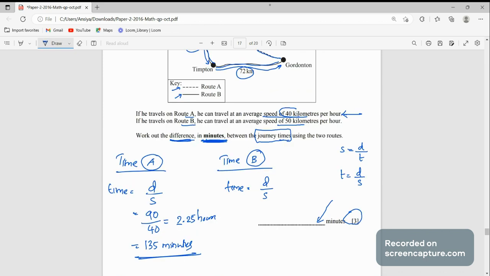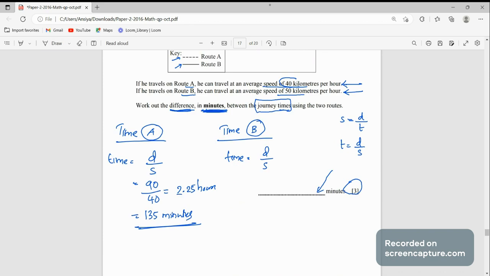That is also given here. 50. So, we will write distance by speed, 120 by 50, which is 2.4 hours. Okay, now change that to minutes. We have to multiply it by 60 and we will get 144 minutes.